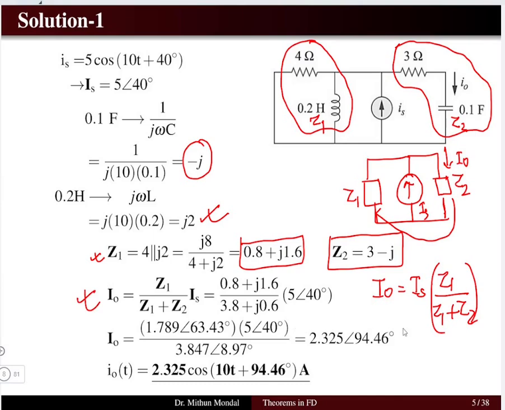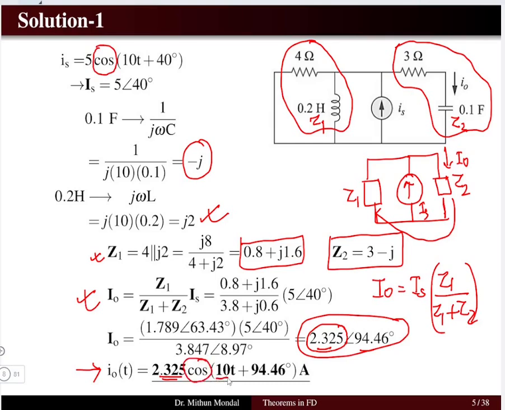The current is obtained in polar form, so we can represent the result with a magnitude and an angle, and then convert that current into the time domain. Here the maximum magnitude of the current is 2.325, and since the source current is in the form of a cosine, the current I naught is also in the form of a cosine.